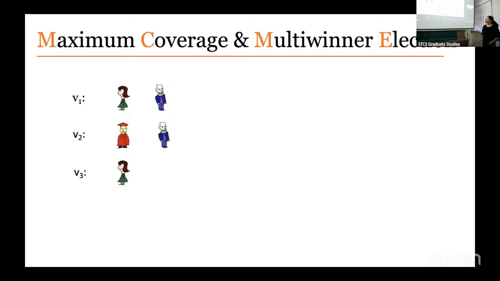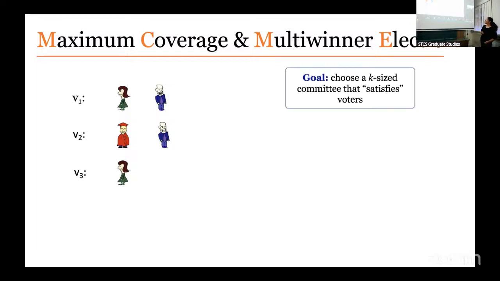Let's say there are 3 candidates. I don't care how many candidates, but this is the set. We can call it an approval set. So V1 approves this green lady and blue guy. V2 approves this red guy and blue guy, and so on. Now the goal here is to choose a k-sized committee that satisfies voters.